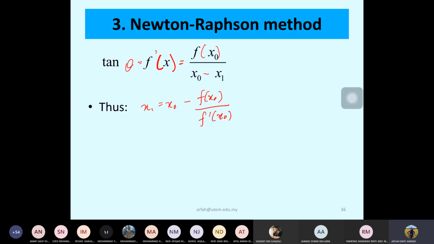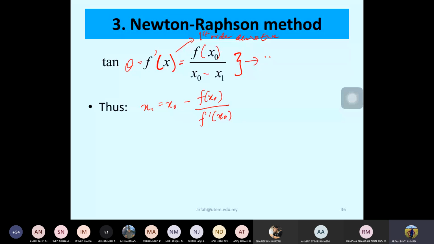So, tangent theta sama dengan f prime x, f of x naught divided by x naught minus x1. Yang mana f prime x ni adalah first order derivative. Okay. You take the first order derivative, it will be equal to f of x naught divided by x naught minus x1.